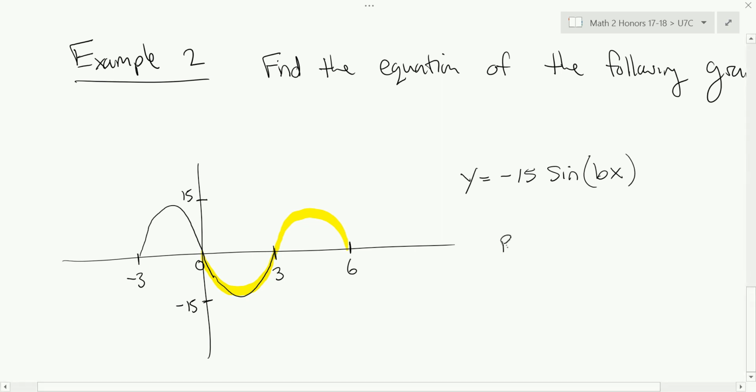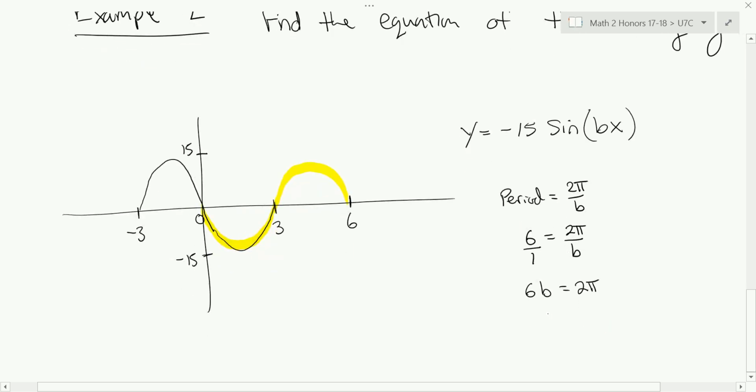And so the period of a function is 2 pi over b. And we know the period is 6. So 6 is 2 pi over b. And we can make that a fraction, 6 over 1, and cross multiply. So 6 times b is 2 pi.